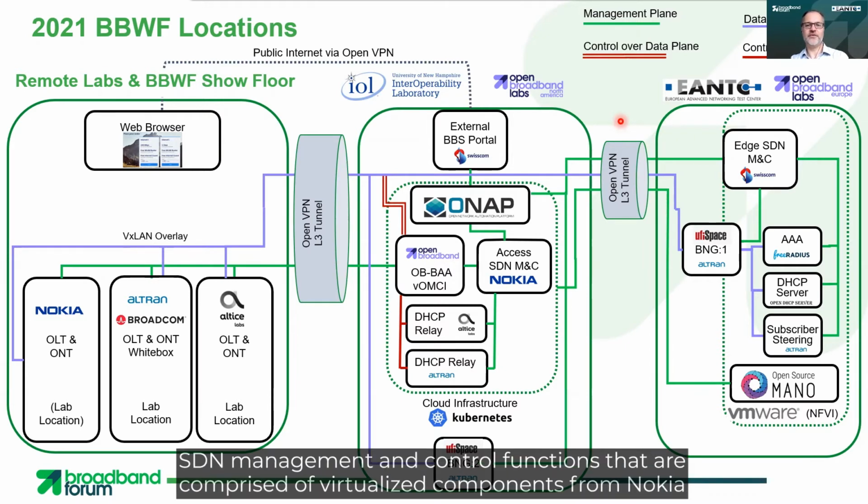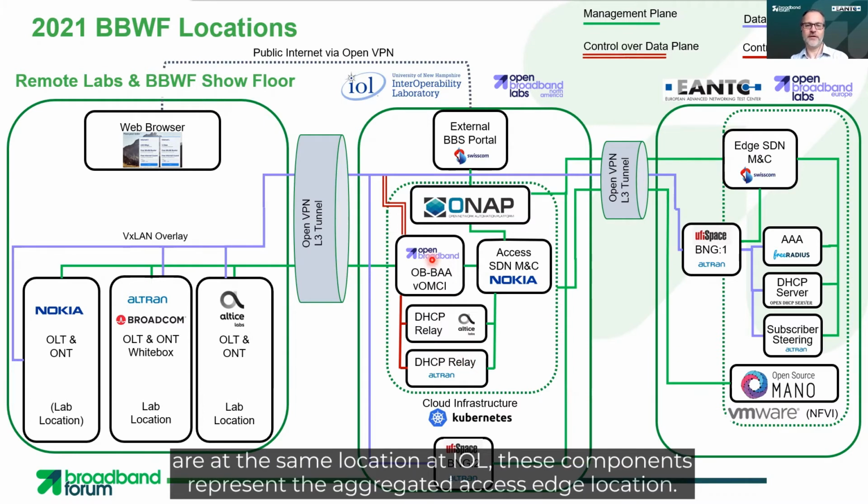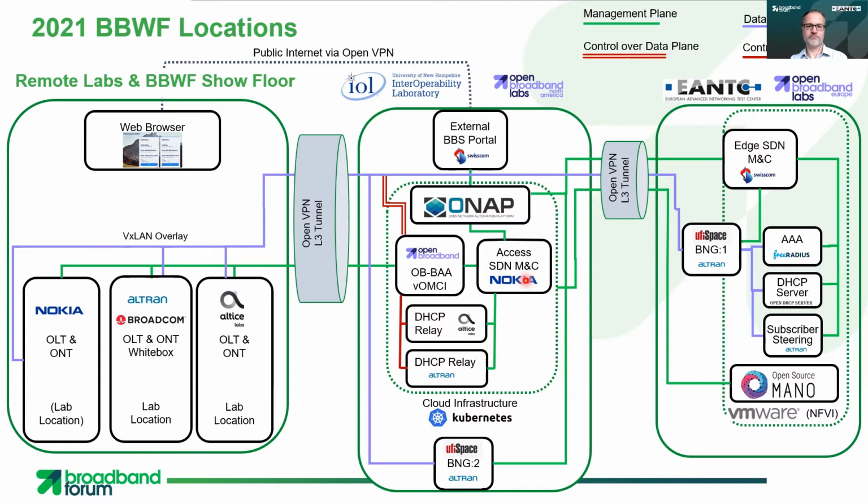Additionally, the access, SDN management and control functions that are comprised of virtualized components from Nokia, from Altice Labs and Altran, along with a broadband access abstraction layer, the BAA, are at the same location at IOL. These components represent the aggregated access edge location.